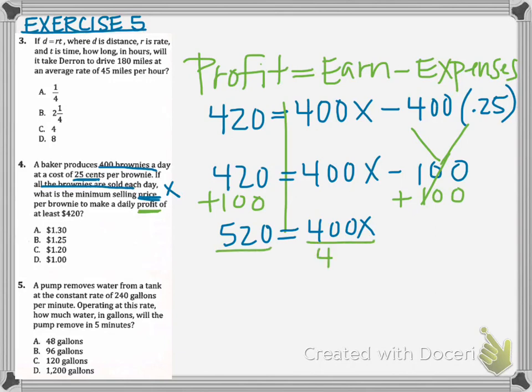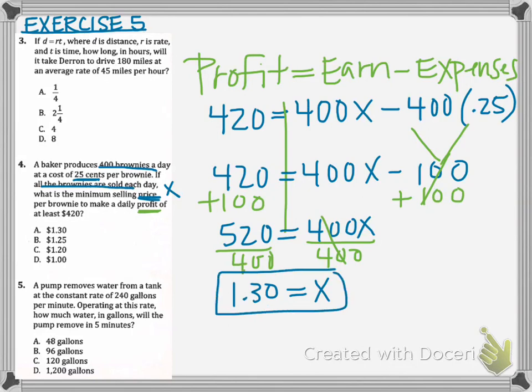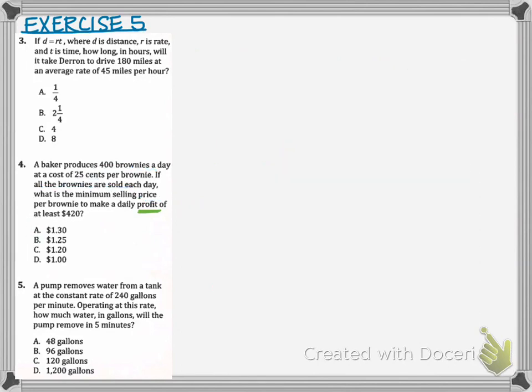To do that, we're going to divide both sides by 400. So x equals 1.3 or 1.30. Now, remember, you will be able to do that kind of dividing. And that is the price per brownie, so that's $1.30, and that is answer choice A.